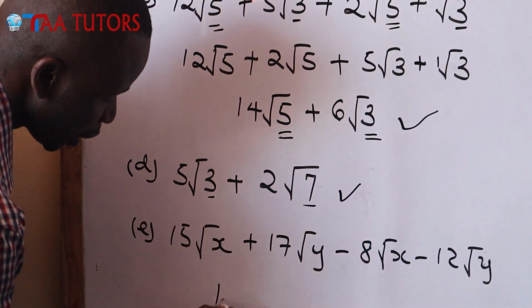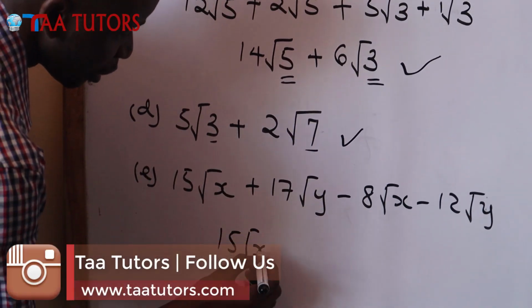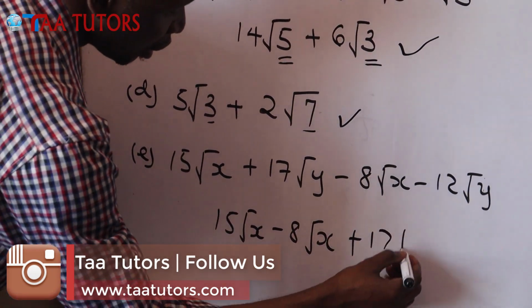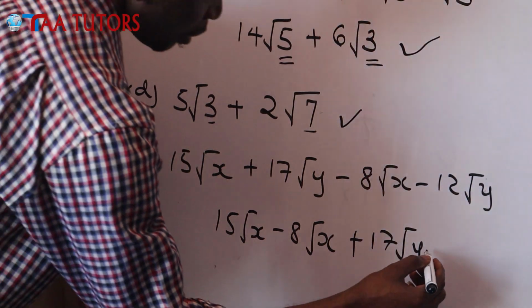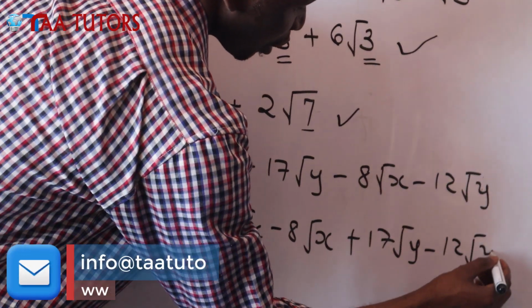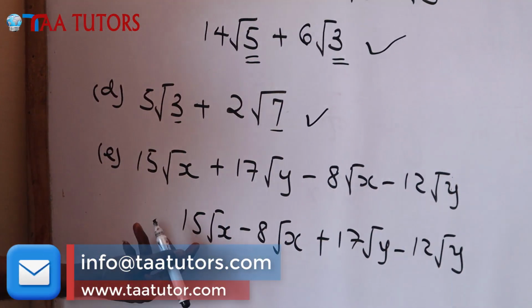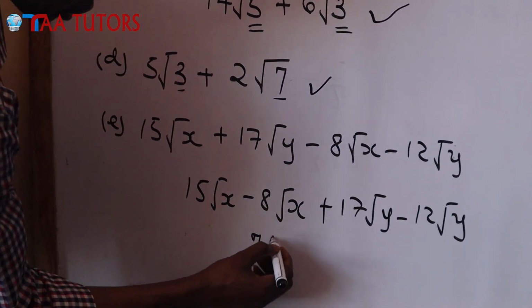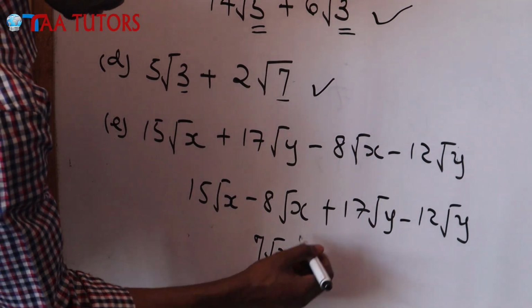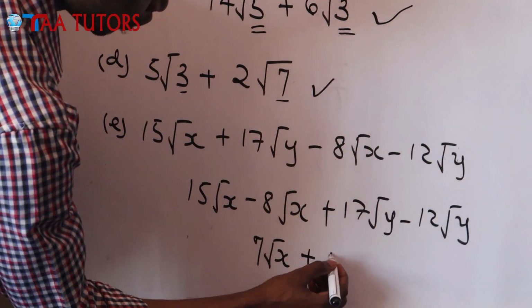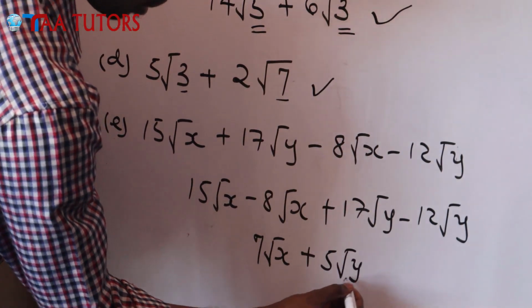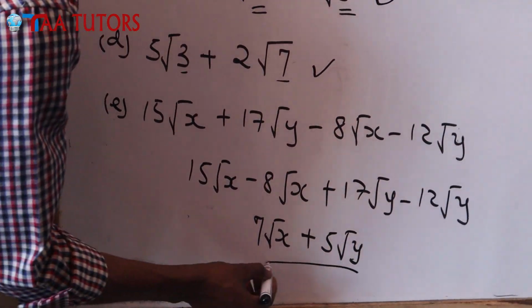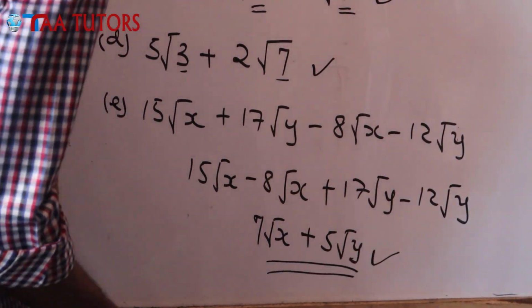So we'll say 15 surd x minus 8 surd x plus 17 surd y minus 12 surd y. Here, 15 minus 8 is 7, so 7 surd x, plus 17 minus 12 is 5, that is 5 surd y. Surd y and surd x are not like terms, so this is where we stop.